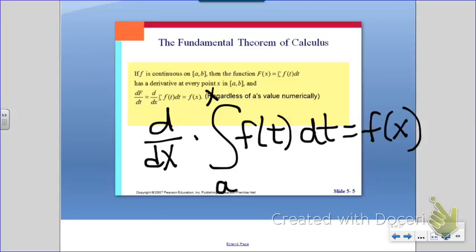Doesn't matter what it is. The one piece of this you have to remember: if this isn't just an x, you're going to multiply by its derivative, or you can just always multiply by a derivative. The derivative of x is 1, so this would be like saying times 1.